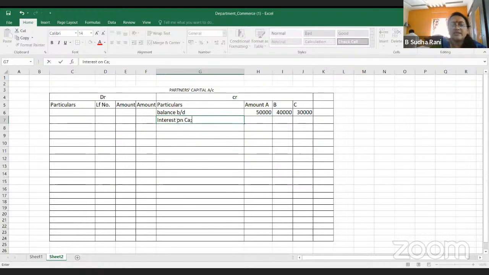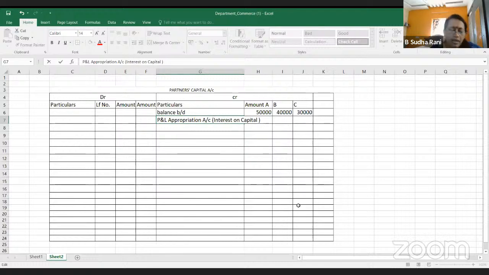From where are you taking this? From profit and loss account, right? So you should write P&L appropriation account, and this amount from the P&L appropriation account.